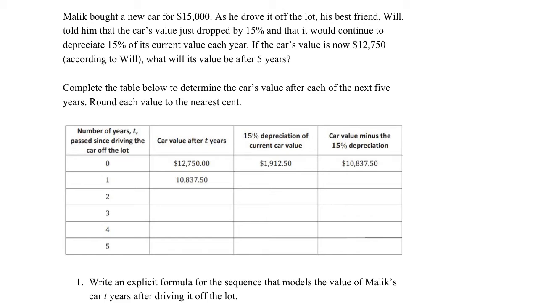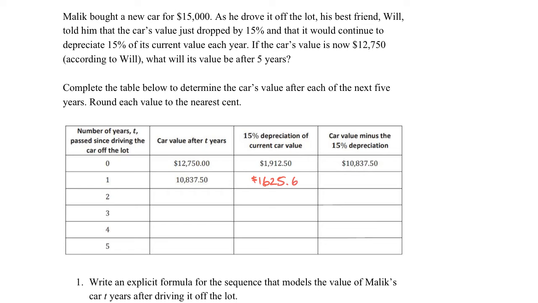So in order to figure out what goes in this box right here, I'm going to take in my calculator 10,837.50, which is this right here, and I'm going to multiply it by 0.15. And what I get is 1,625 point, I'm going to round because we're talking about money, to 63. You should do this along with me. Make sure you're getting the same numbers.